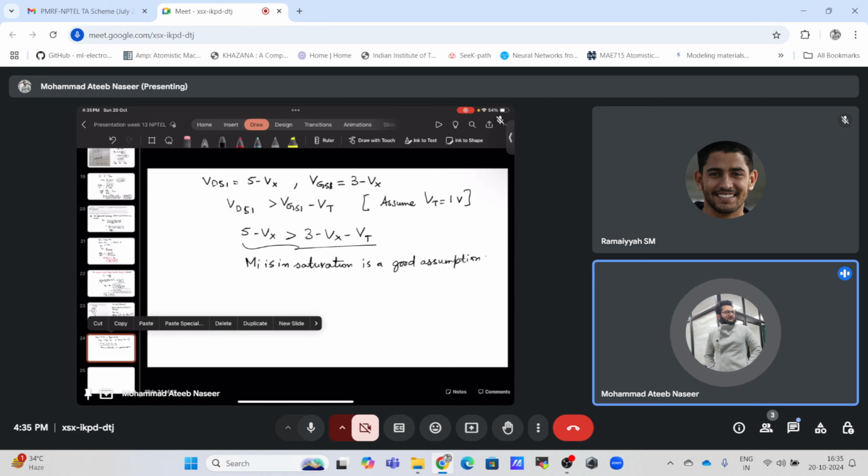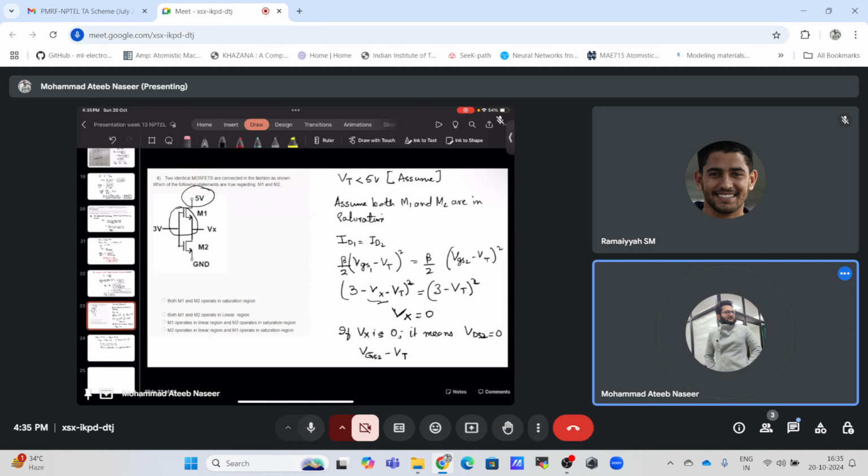For saturation, it had to be less than VDS2, or VGS2 has to be less than VT. So this is a contradictory statement. If VGS2 is less than VT, it would mean that the transistor is not on at all. So this is contradictory.